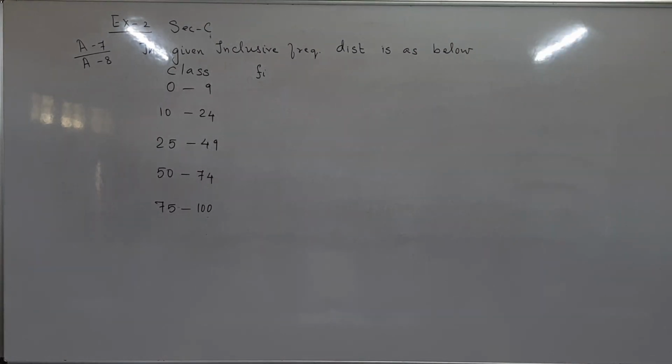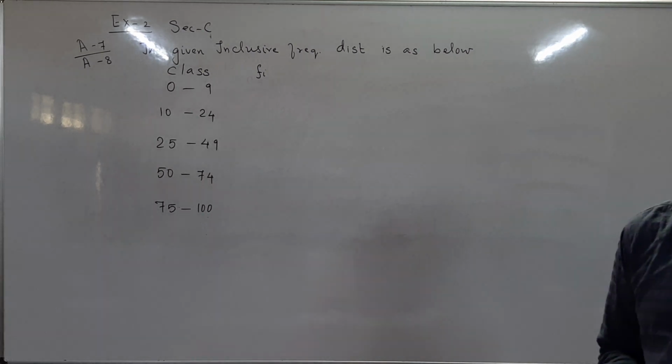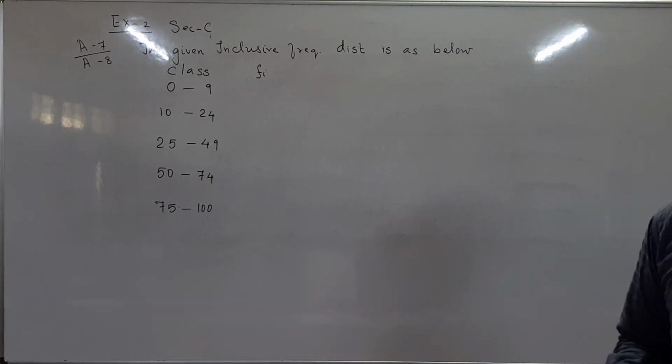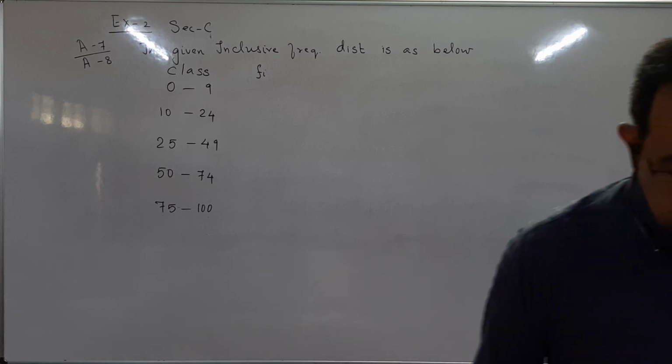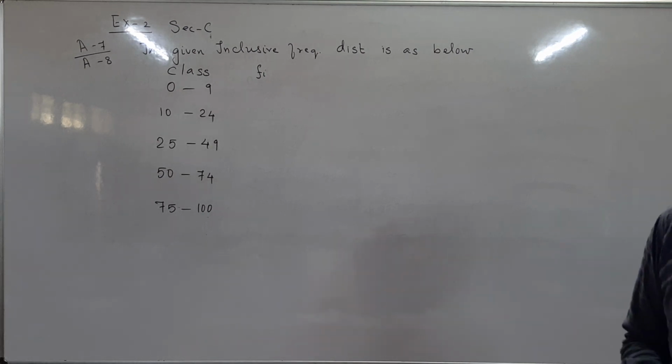In the first part of the sum, we are told to find the mid value of each class. And in the second part of the sum, we are told to find the class length of each class.